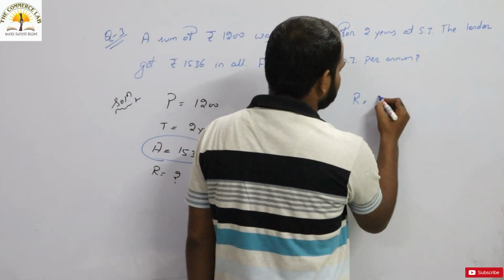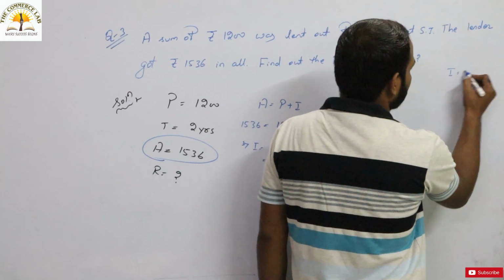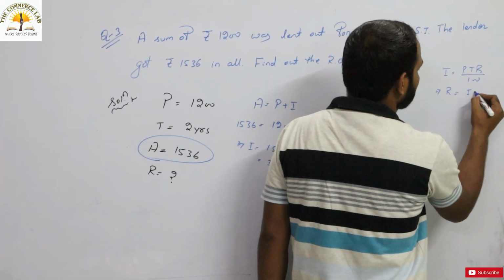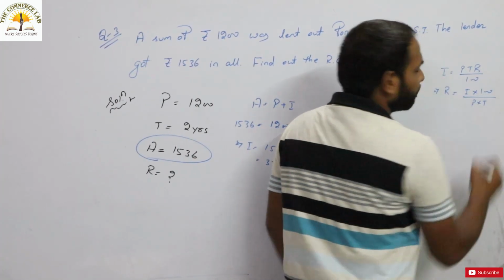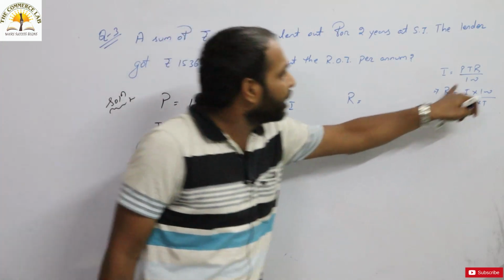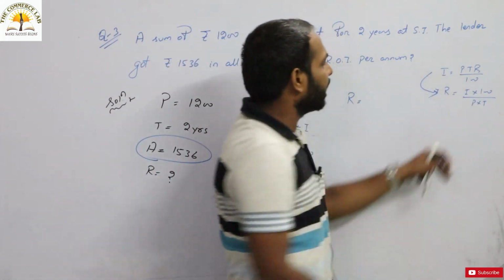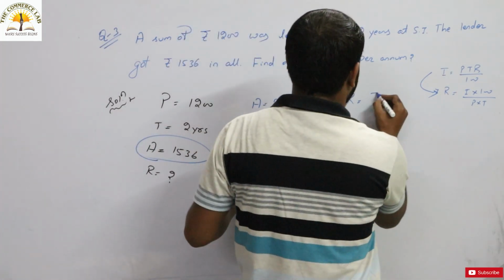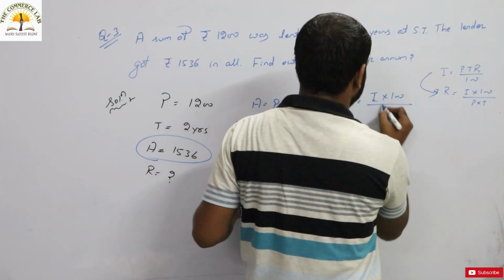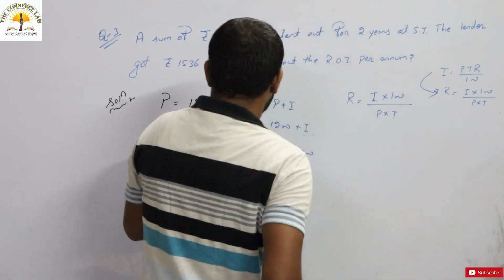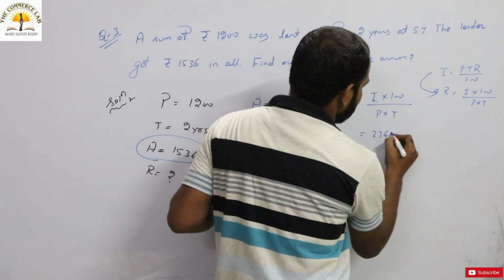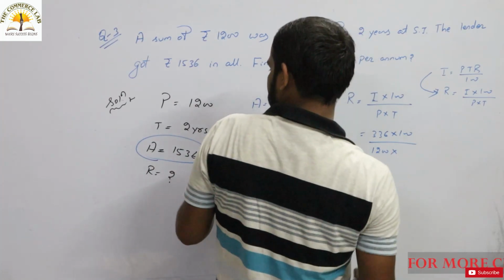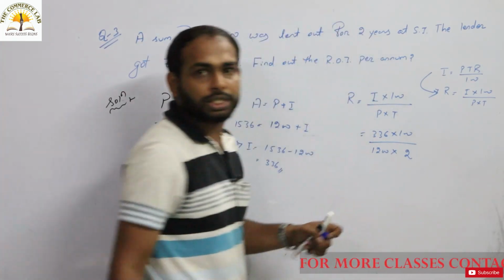Then come for the R part. What is the formula? We have discussed I equal to PTR by 100. From this we can derive R equal to I into 100 by P into T. So I equal to 336, P equal to 1200, T equal to 2 years.